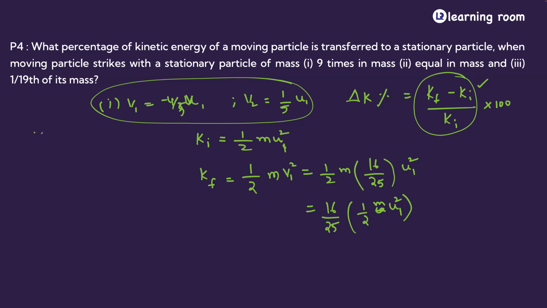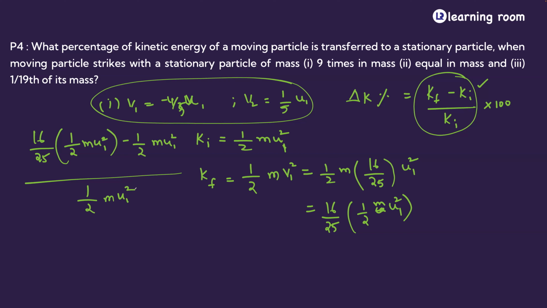Okay, I'll write it for others' sake. 16 by 25 into half m u1 square minus K initial, which is half m u1 square. What gets cancelled? Half m u1 square gets cancelled. So you're left with 1 here and 1 here. So 16 by 25 minus 1 is minus 9 by 25, into 100.